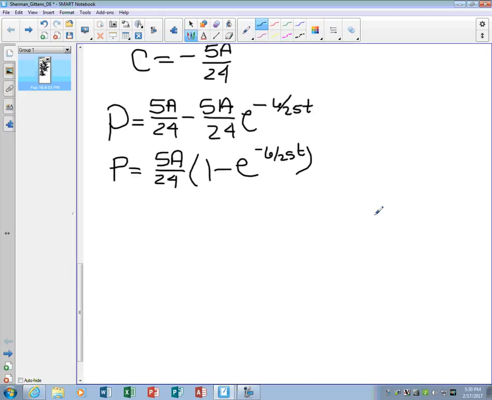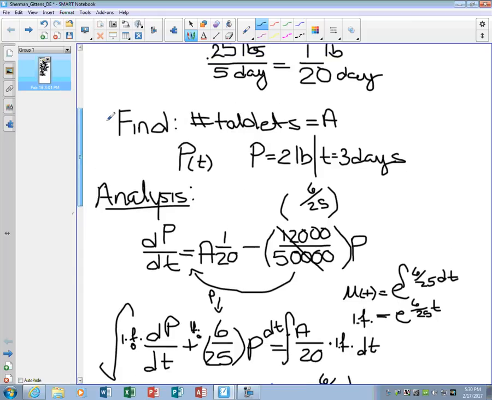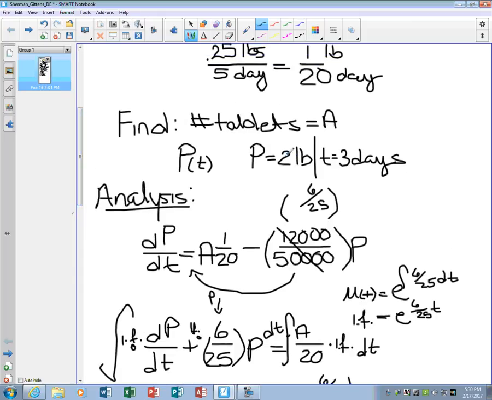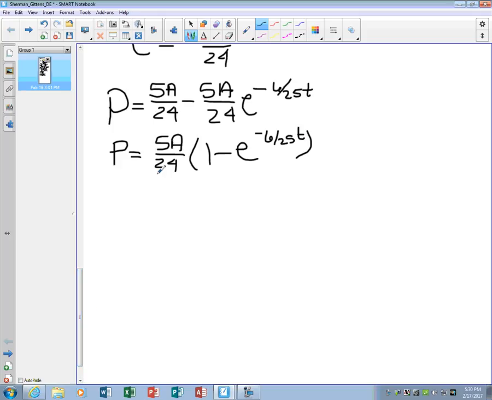So we have what we want to look for, right? We want to know, say P is 2 pounds. So we want there to be 2 pounds in the water at 3 days. We have everything in days, so the time should be fine for that.